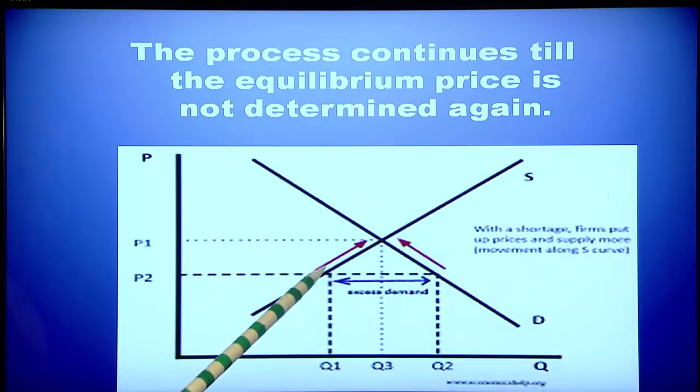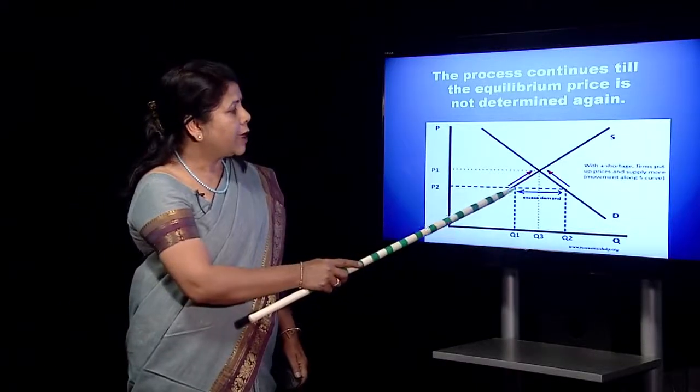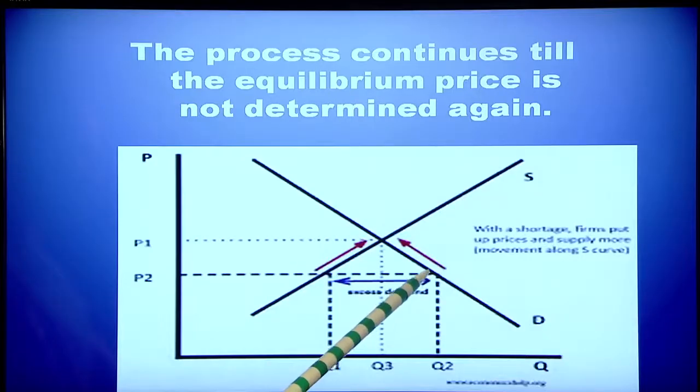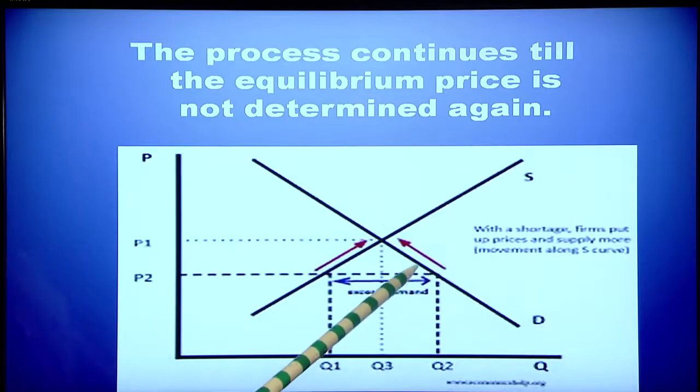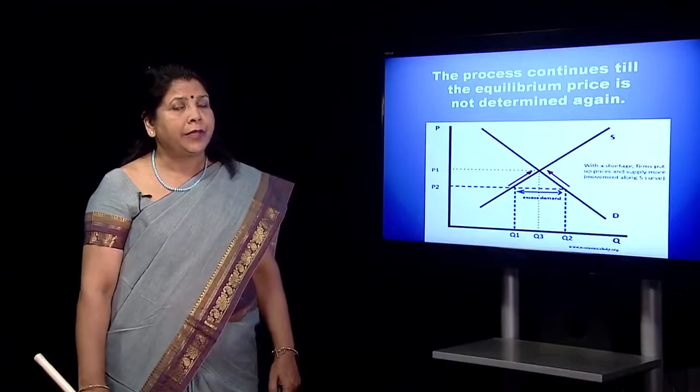So, unless and until these automatic adjustments are taken care of, the market price may prevail. However, if automatic adjustments which cause the demand to shrink and the supply to increase are there, the equilibrium price is regained.